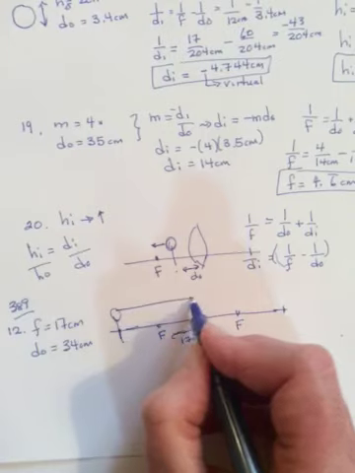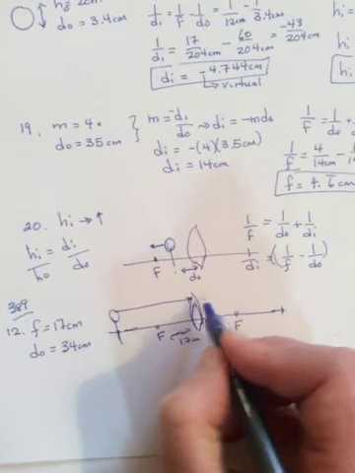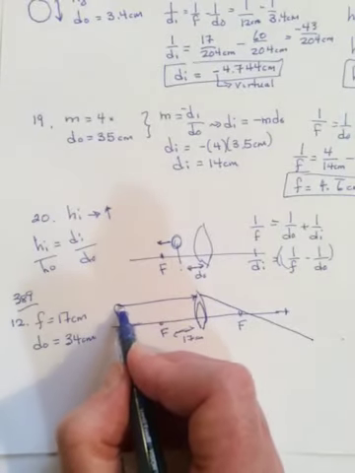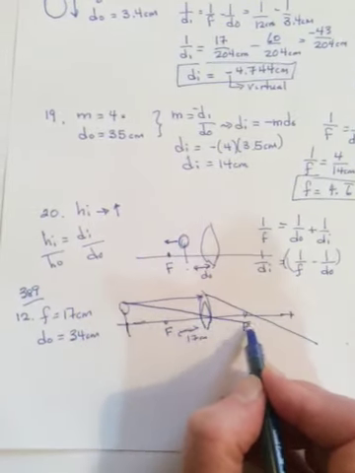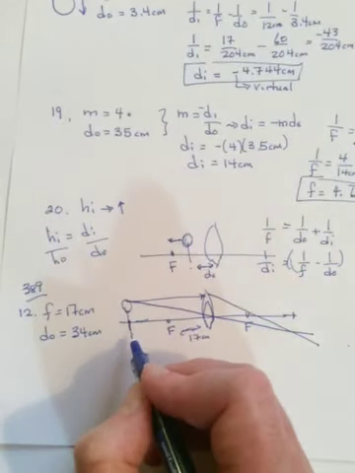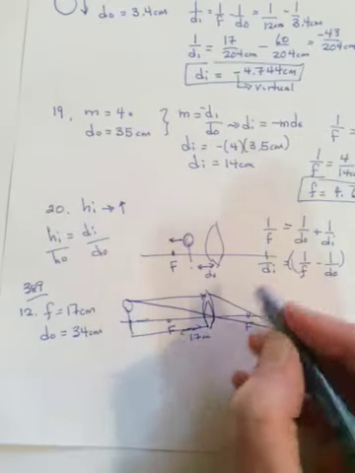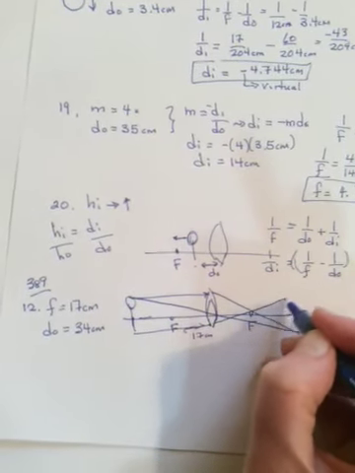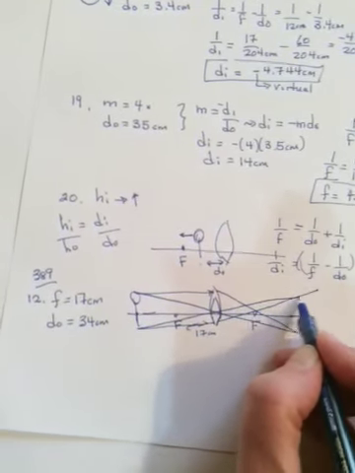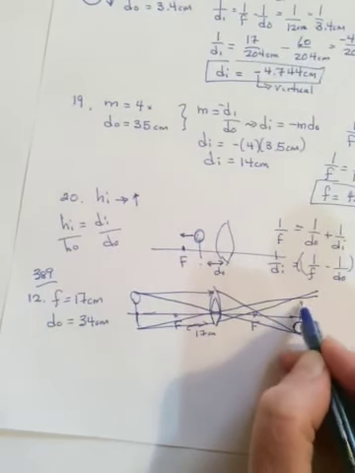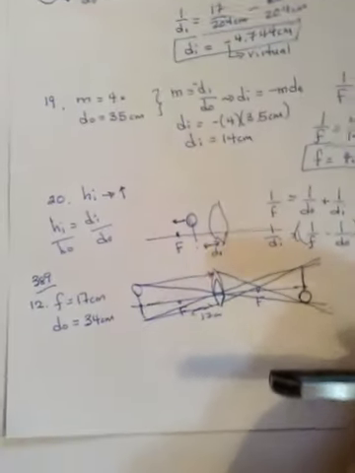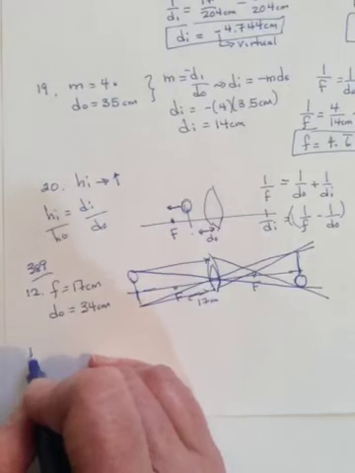So a ray going in parallel to the principal axis is going to get refracted in such a way as to come out through F. A ray passing through O is going to go straight through. Here's my head, here's my feet. Both of them are at 2F, but on opposite sides of the lens.